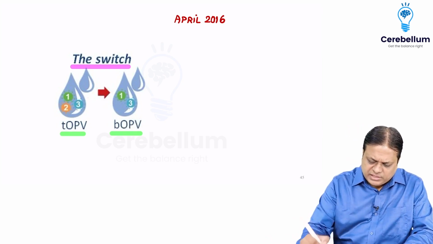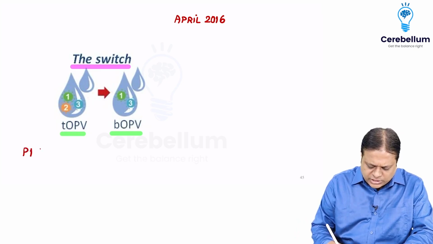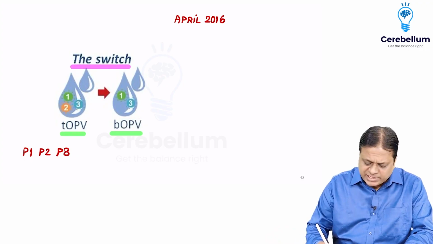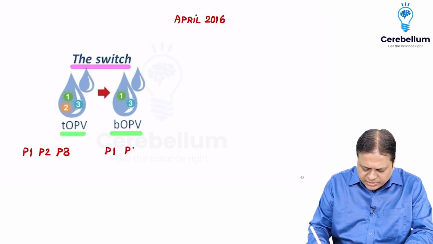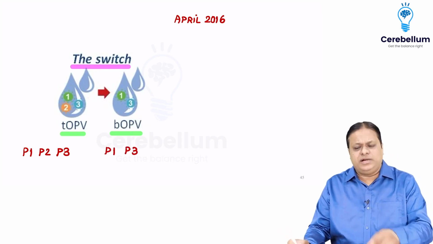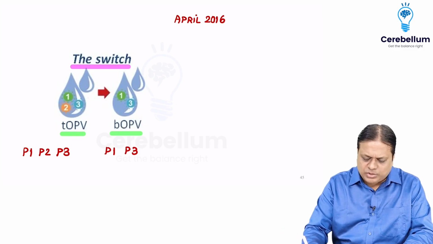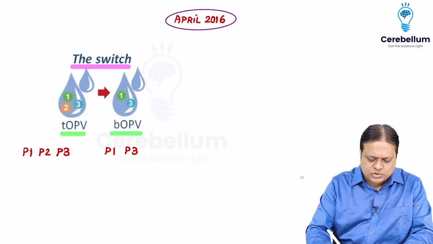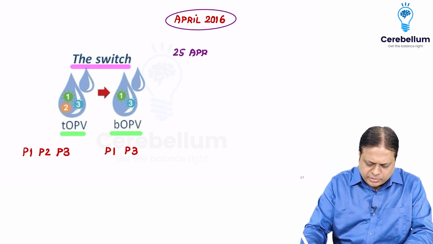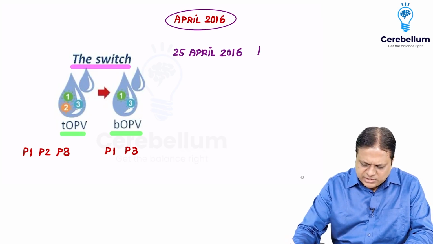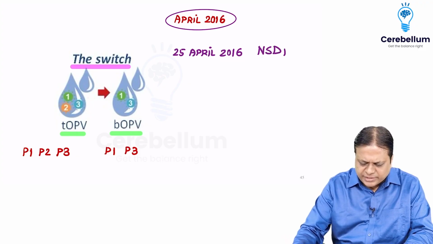Trivalent OPV earlier used to consist of all 3 types of polio viruses, P1, P2, P3, but then P2 was taken off and bivalent is now P1 and P3. All countries of the world together switched. India was no exception. 25th of April 2016 is the National Switch Day of India.